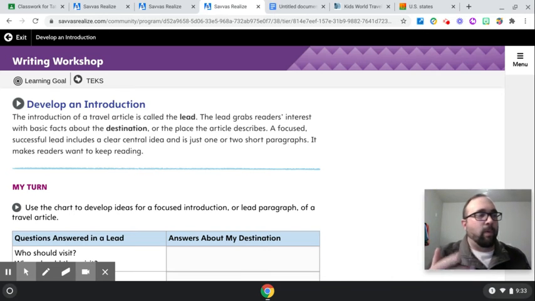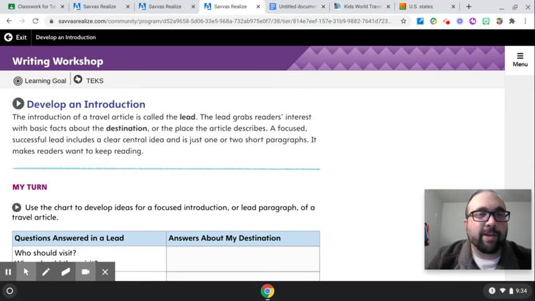why do authors create travel articles? Well, it's to inform them in one way or the other about somewhere they may not have visited. And they entertain their audiences with elements of craft, such as vivid descriptions, and maybe even persuade them to travel there.